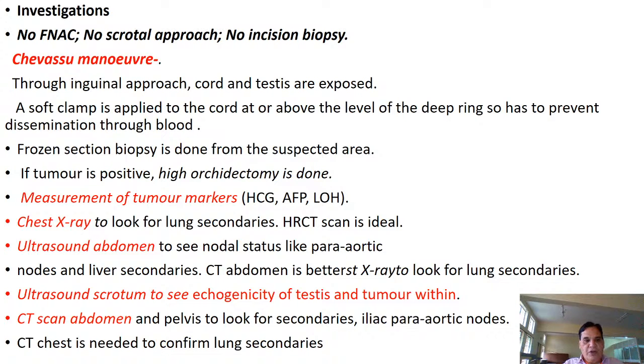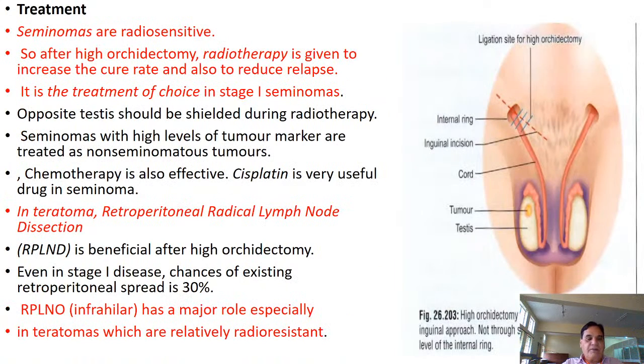This is the approach, the frozen section biopsy by an inguinal approach, Chevassu's maneuver. What are we going to measure? Tumor markers, chest X-ray, USG abdomen, USG scrotum. This is important to see the echogenicity of testes and how the tumor is looking. CT abdomen, CT chest. So these are the investigations of a testicular malignancy.